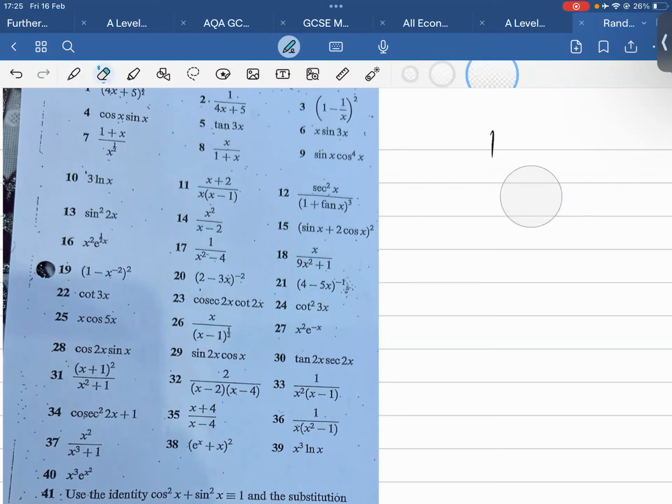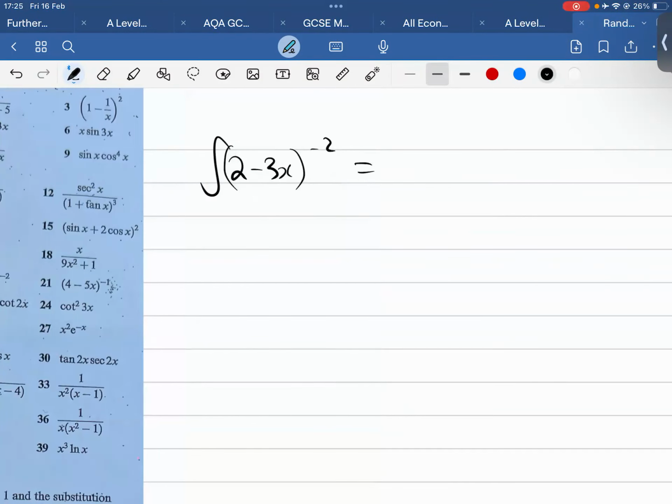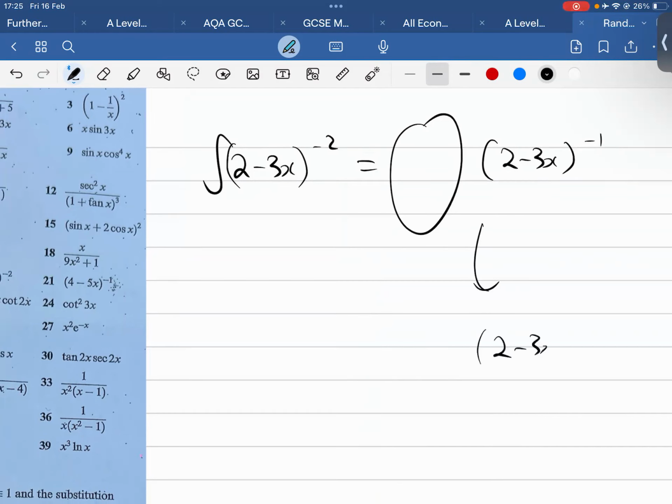Yeah. Okay. So it's 2 minus 3x to the minus 2. So that would equal something, and then 2 minus 3x to the power minus 1. But we need to work that out. If we were to differentiate that, we get 2 minus 3x to the power minus 2 times the inside part, which becomes minus 3.